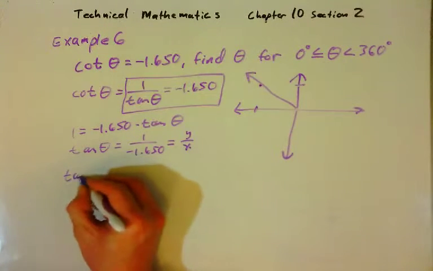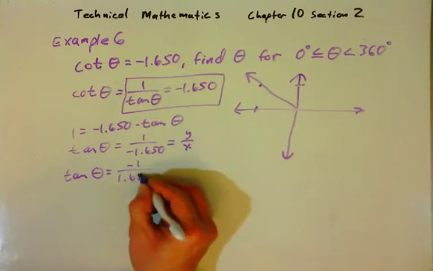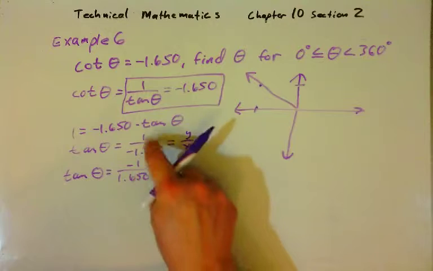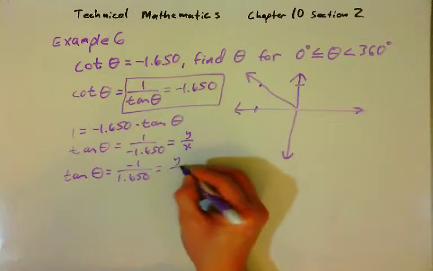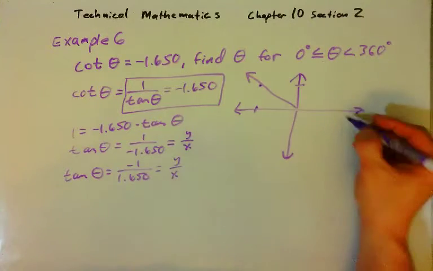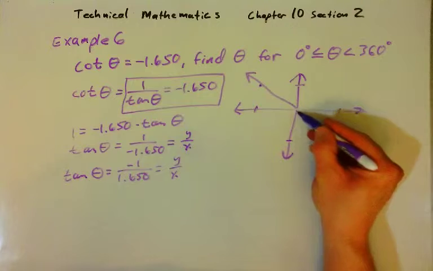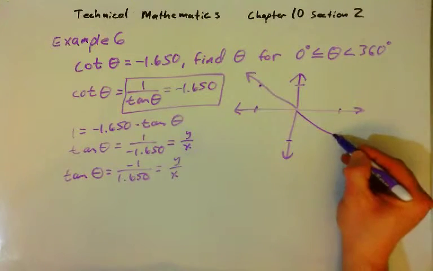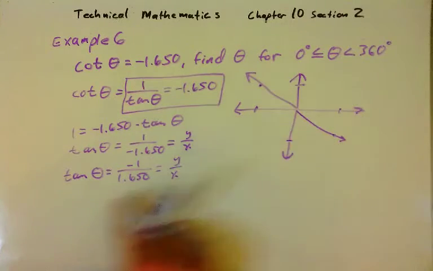And so tangent of theta could also be negative 1 divided by a positive 1.650. If you divide these numbers, you'll get the same answer for both. And so we could treat this as though x is positive 1.650 and y is negative 1. And so we could be getting an angle like this as well. Right? So these are the two angles that we're looking for.